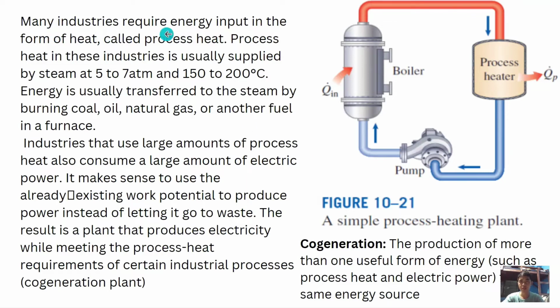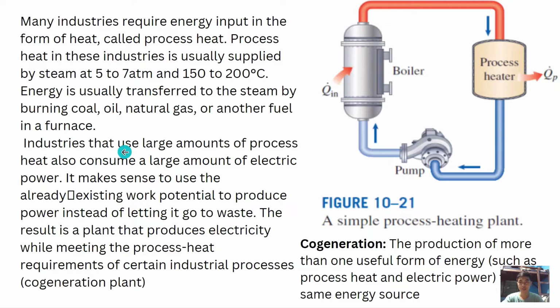Many industries require energy input in the form of heat called process heat. Process heat in these industries is usually supplied by steam at 5 to 7 atm and 150 to 200 degrees Celsius. Energy is usually transferred to the steam by burning oil, natural gas, or another fuel in a furnace.